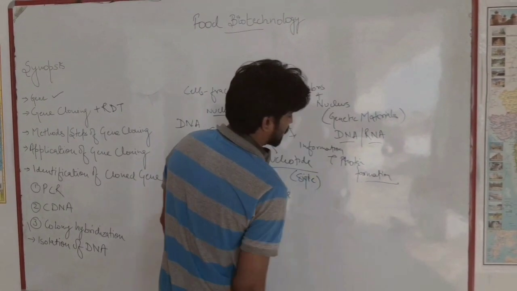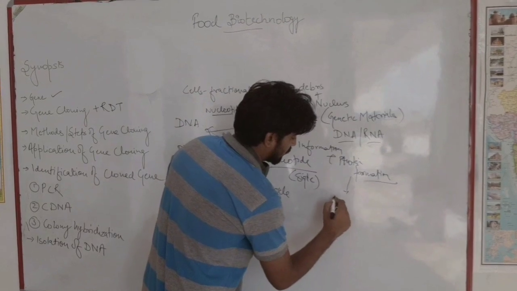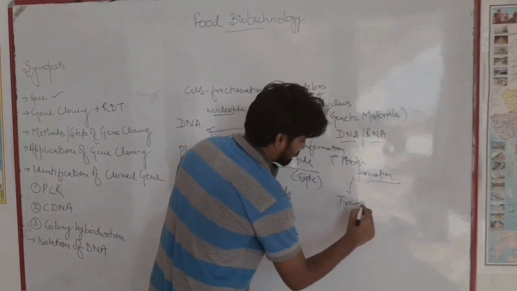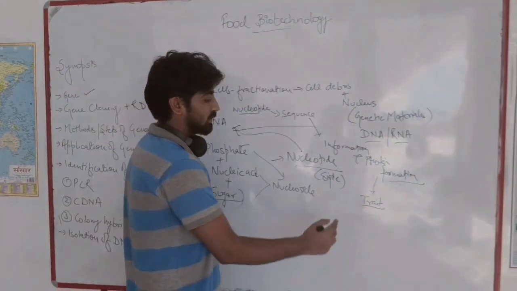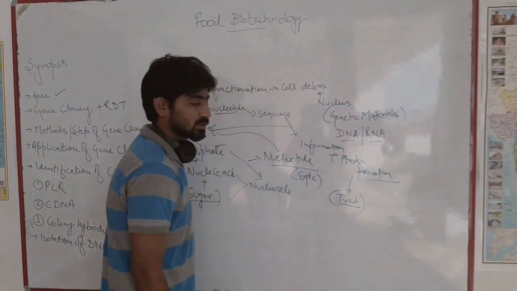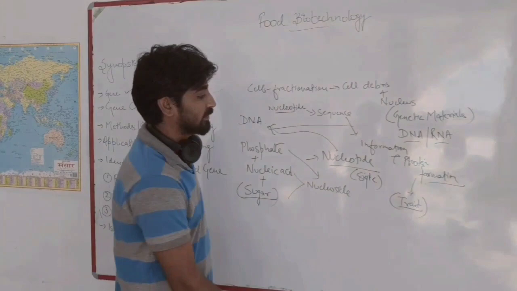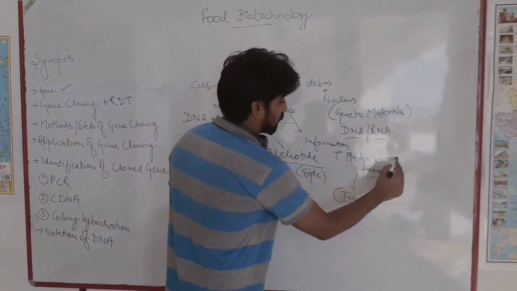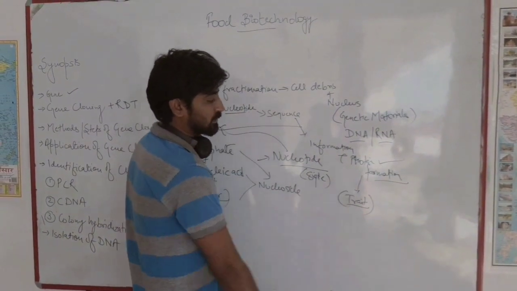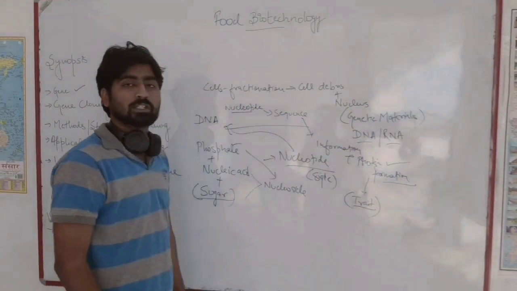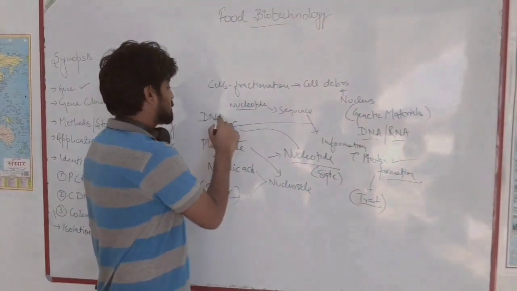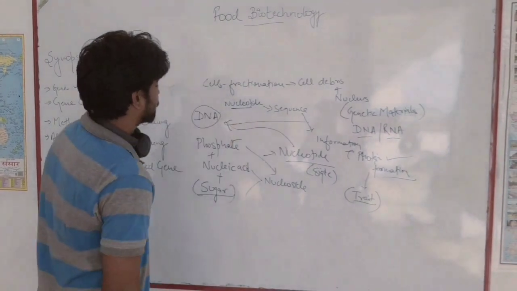This protein formation results in the character or trait. So in the human body or animal body, whenever we talk about the trait, the characters or the functioning, it is defined by the protein formation. What protein is formed for specific functions is decided by the information present in the sequence of DNA.